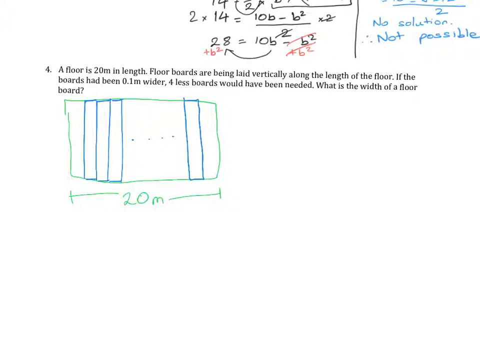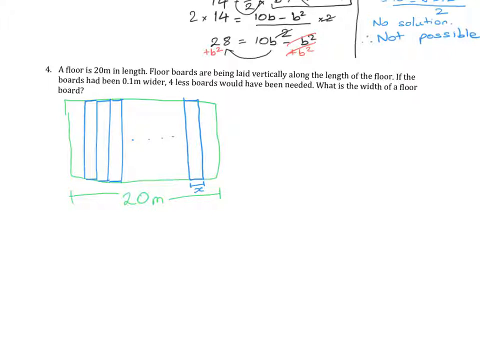Okay, that's what's happening. If the boards had been 0.1 meters wider, 4 less boards would have been needed. What is the width of a floorboard? Okay, so our unknown is the width of these floorboards, which we'll call x.